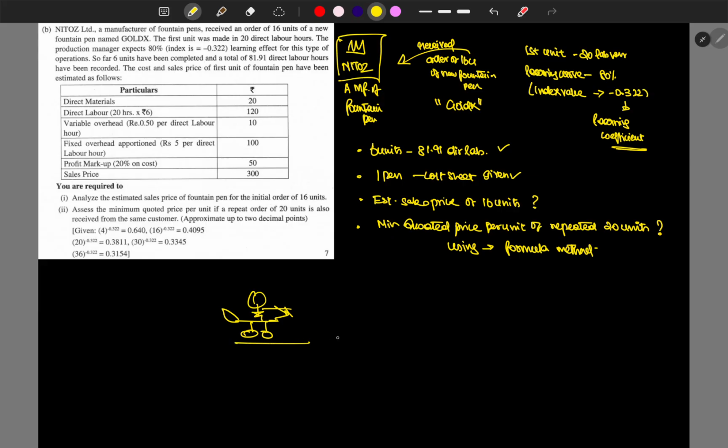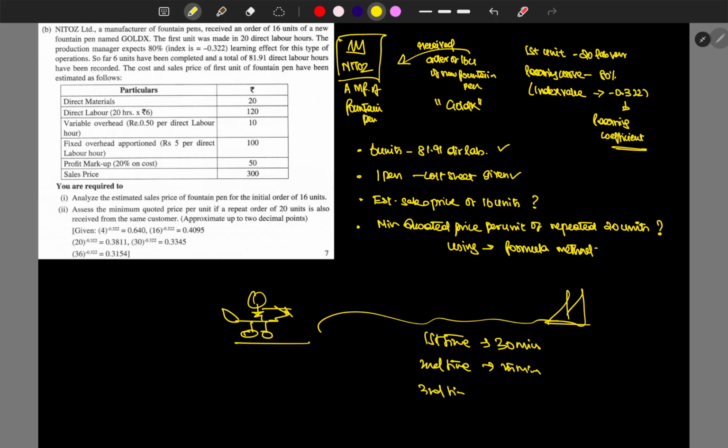If I'm traveling a new route to a new city, the first time it will take 30 minutes for me. The second time, 25 minutes. The third time, I can easily travel without seeing any maps or spending time on any other thing, or asking for help from auto drivers, so I can easily reach in 20 minutes.